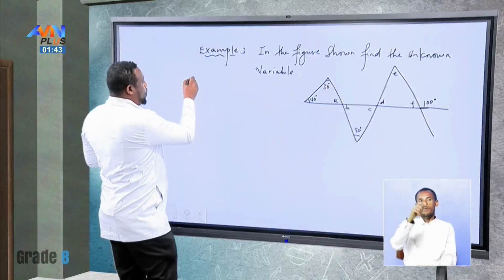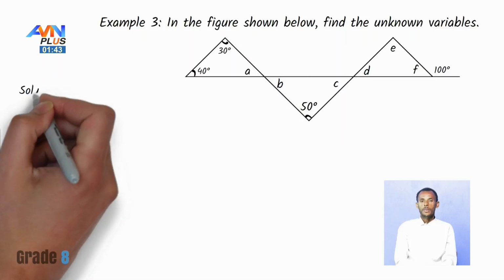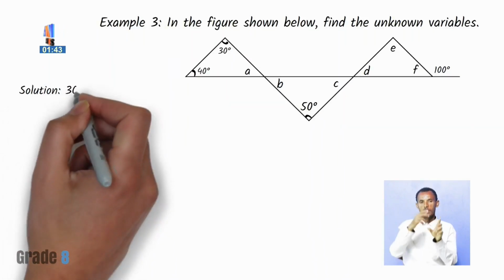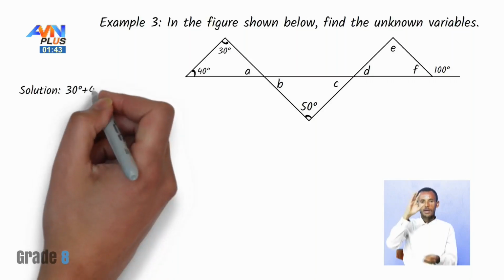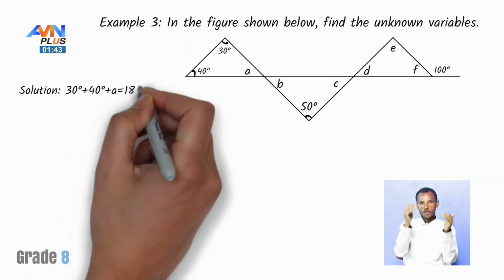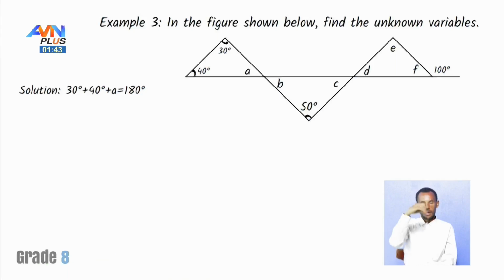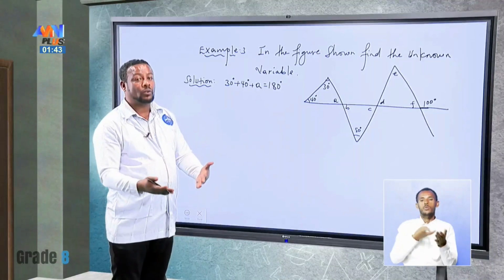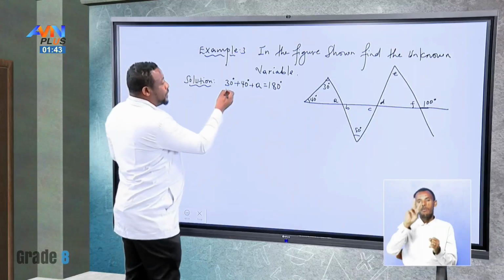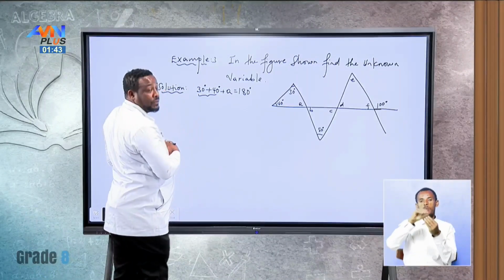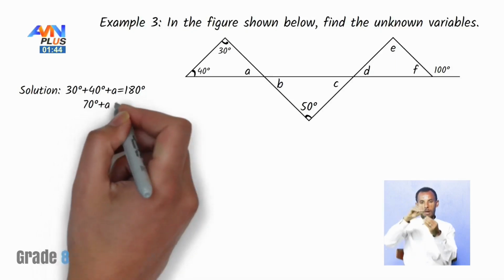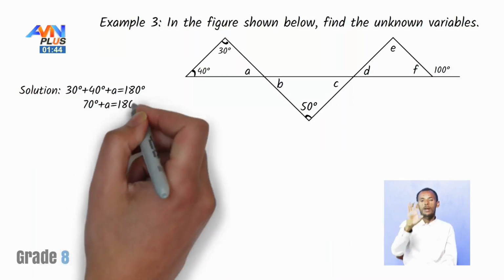So these three angles, 30 degrees plus 40 degrees plus A is 180 degrees. From this we can obtain the unknown variable A. The sum of these two numbers is 70 degrees, so 70 degrees plus A is 180 degrees, right?